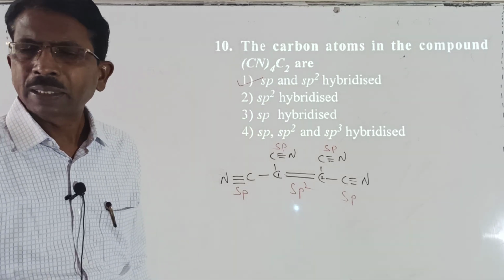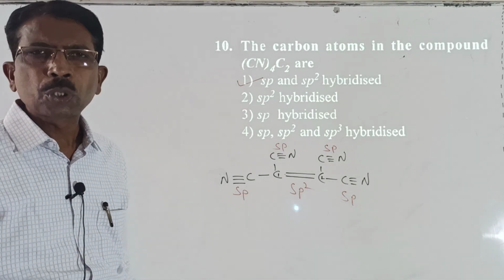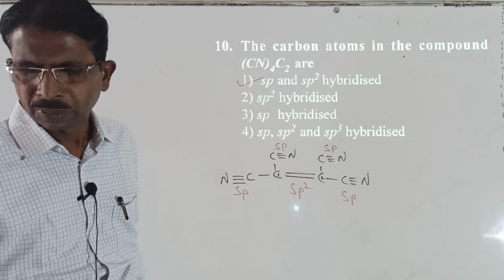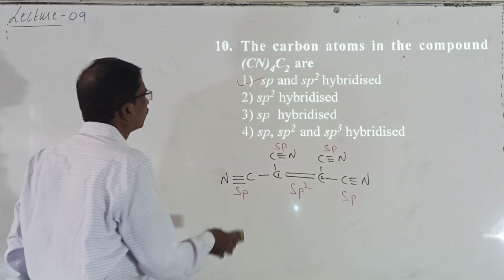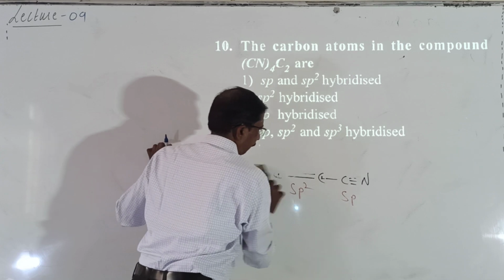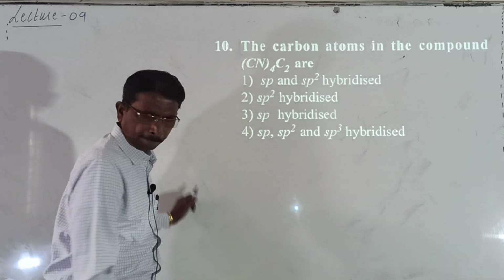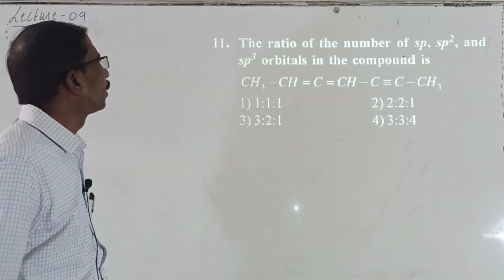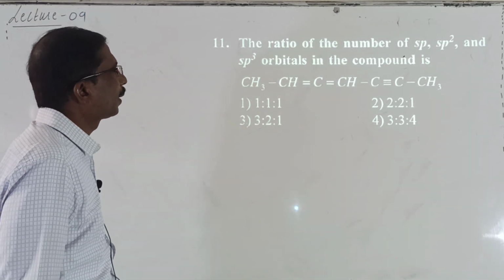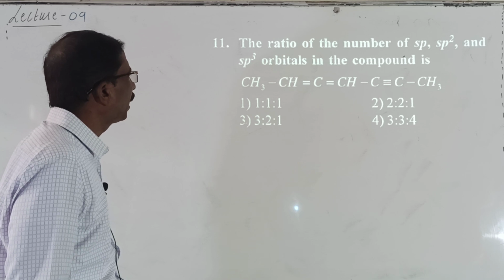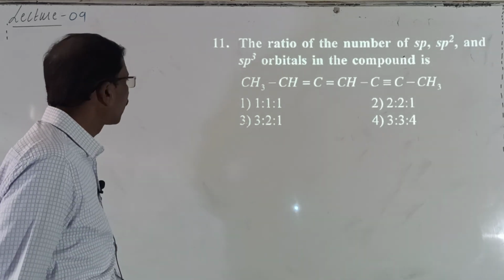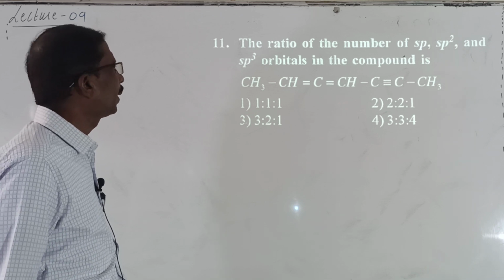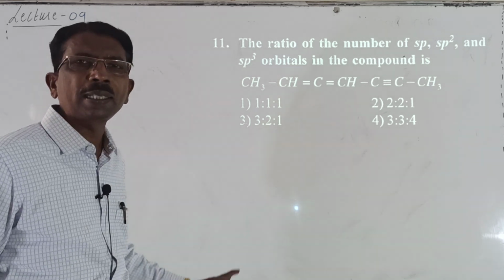And then the next one. In your material, the same numbered questions are given. Look here, the ratio of the number of sp, sp2 and sp3 orbitals in the compound is, he asked.